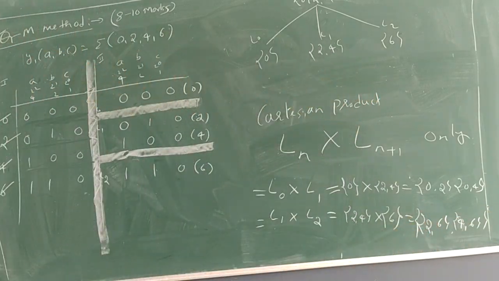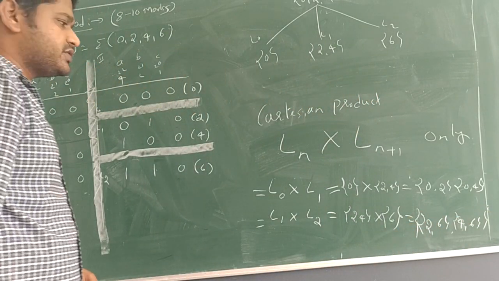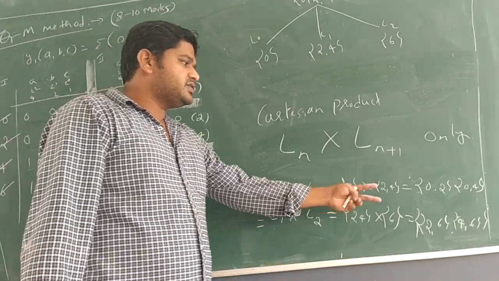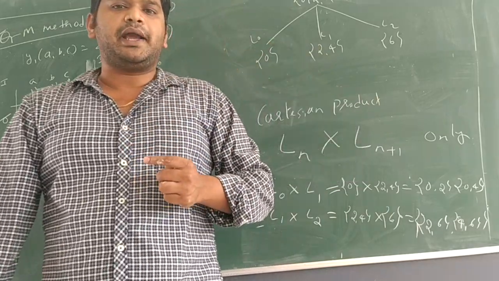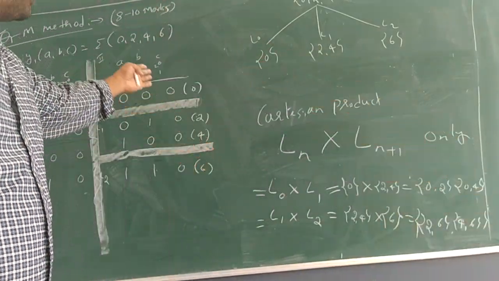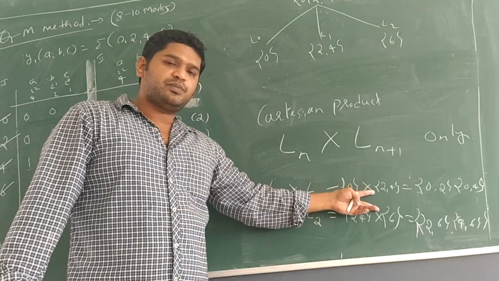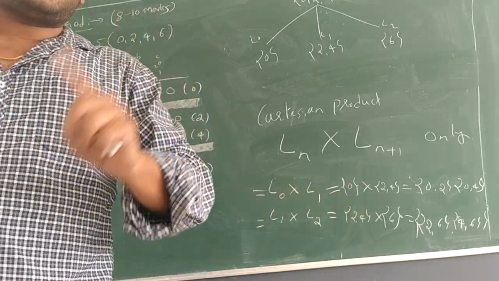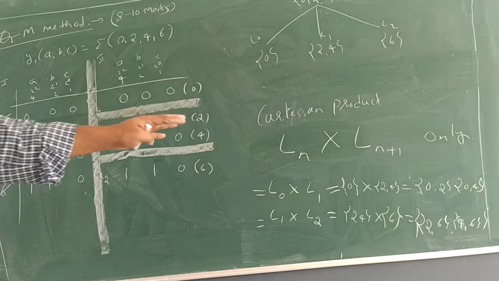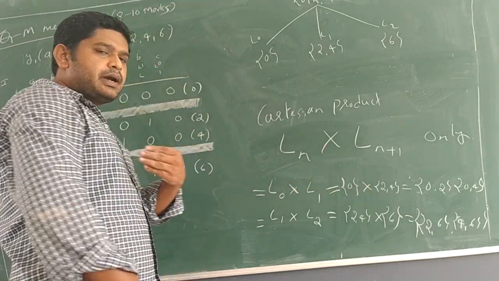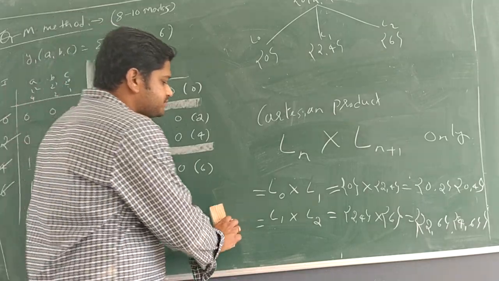Is it clear? 2, 6 and 4, 6. These are the possibilities. This you have to calculate in your mind. This you should not write. Only this procedure we have to write. I am giving you all this part because it is the first problem. Second thing, you have to do all this in your mind. It will come by practice. Don't worry.